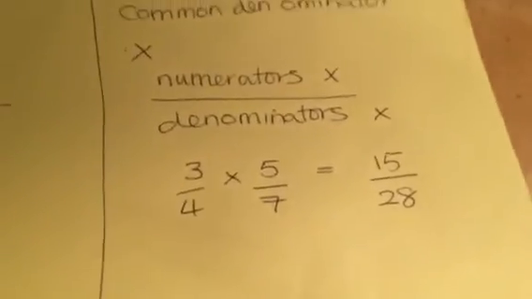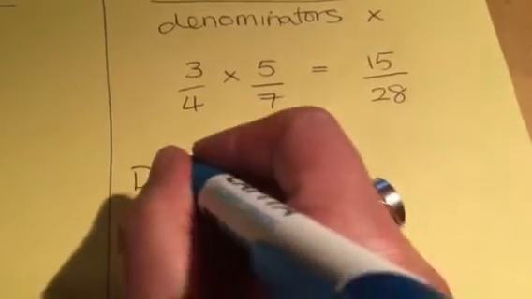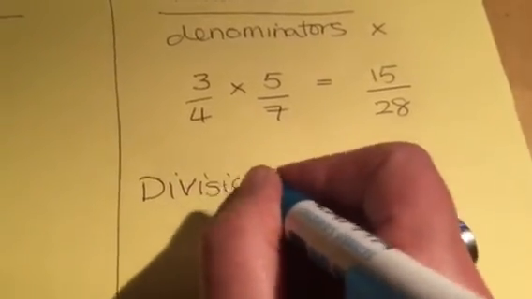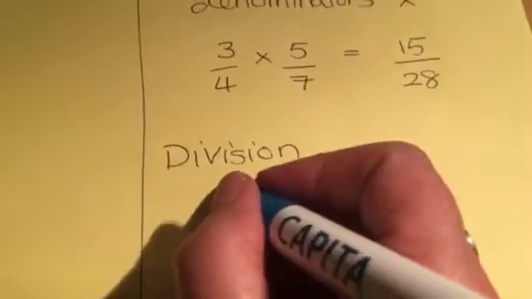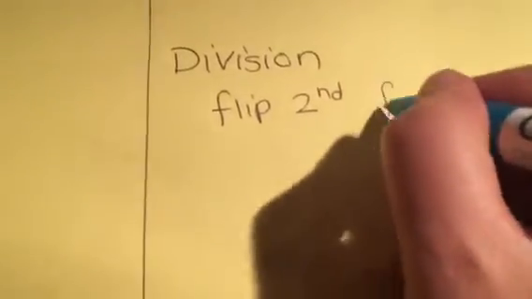You also need to know how to divide fractions, and for division, it's a very simple rule. You flip the second fraction and multiply.